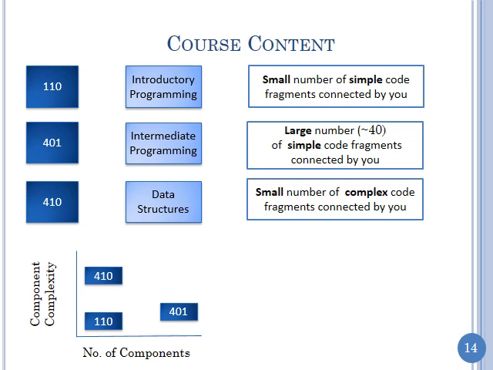Many of you, especially those of you who are freshmen, have probably done 410 material like trees and graphs maybe in your AP courses. That's going to help you very little in this course. Because this course is independent, and what you learn in this course is going to help you very little in 410, except it will give you maturity.